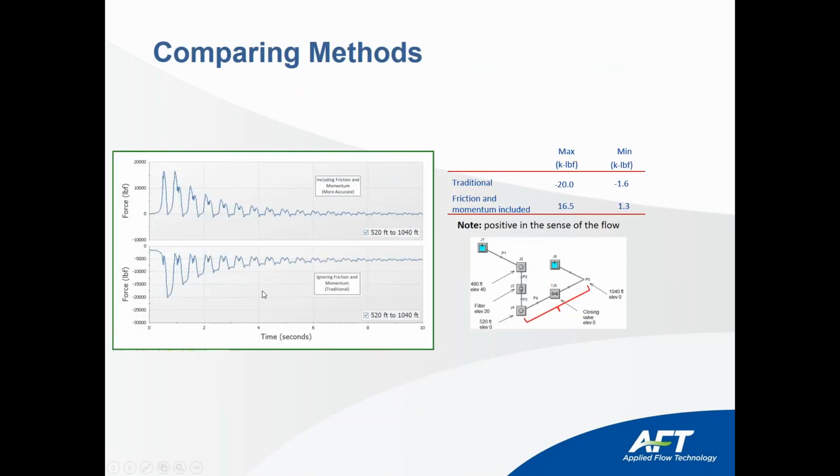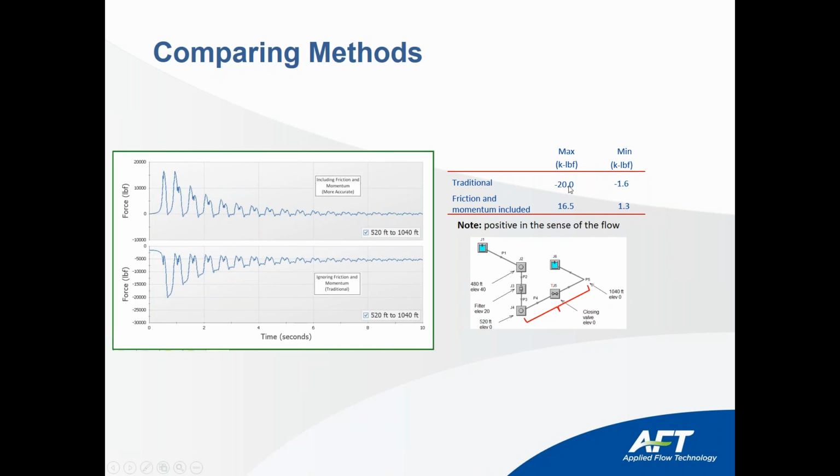Let's see, comparing the methods. This would be including friction and momentum, and this would be ignoring friction and momentum. So the traditional method would give us 20,000 pounds, and the real method, considering friction, would give us 16,000.